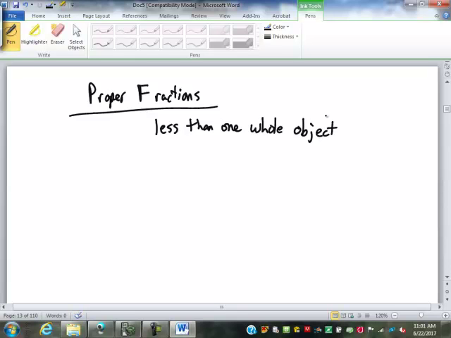So in other words, however many pieces it takes to make one whole object, we have less than that amount. In other words, the numerator is smaller than the denominator.